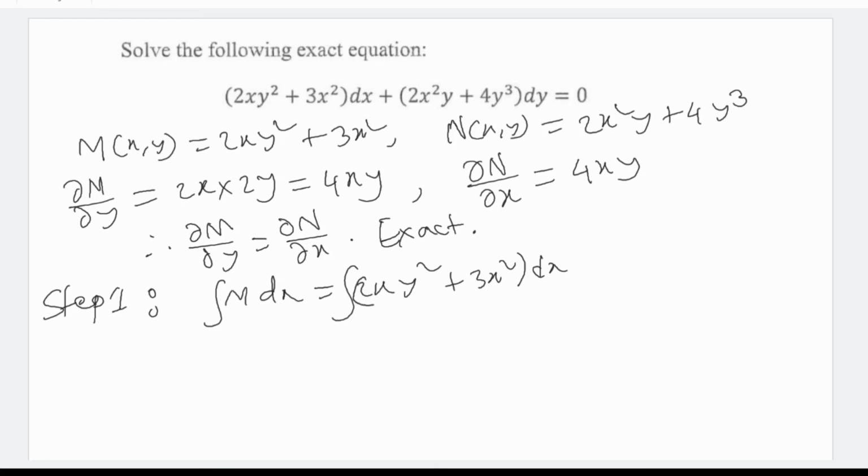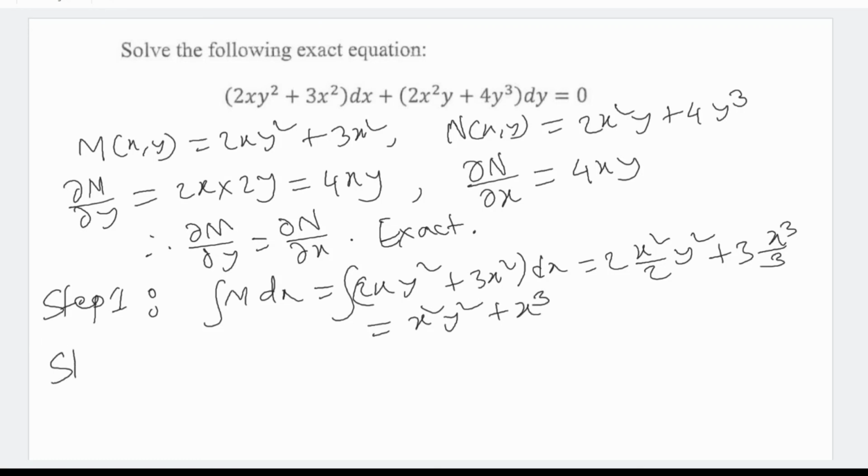So the integration of this is equal to 2x squared by 2 y squared plus 3 into x cubed by 3. So when we simplify this, we get x squared y squared plus x cubed.